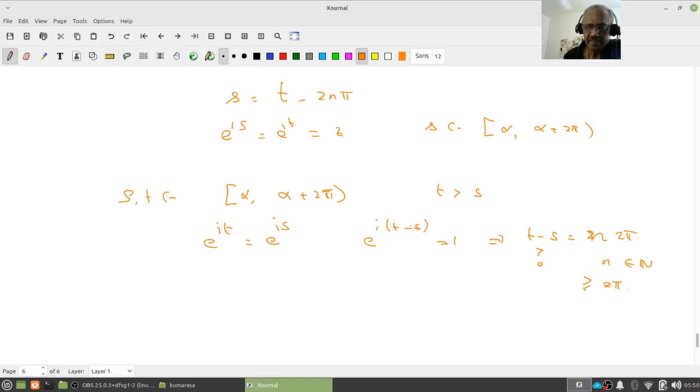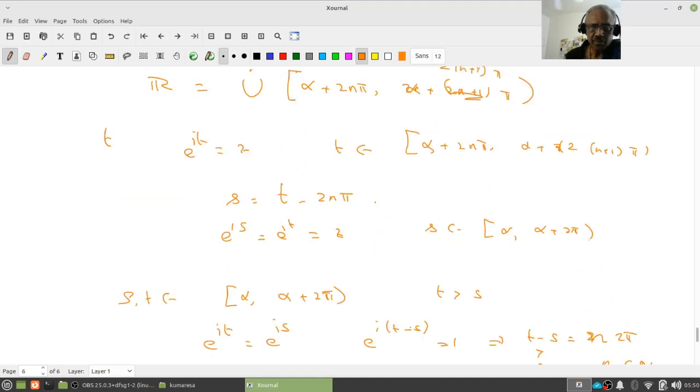But there are no two numbers t and s in here so that their distance is greater than or equal to 2 pi, because the moment they are in there, it will always be less than 2 pi. You understand? Therefore we have proved the first part.